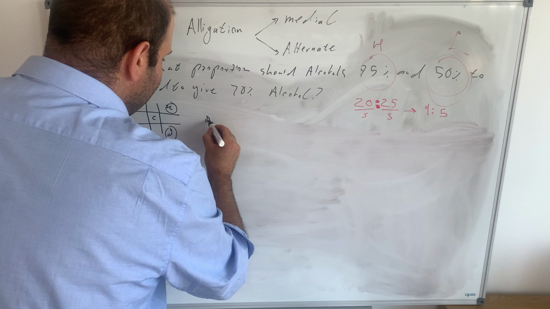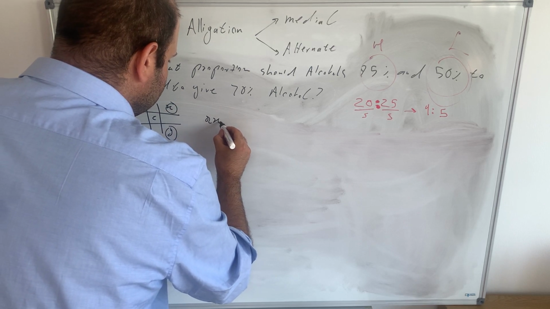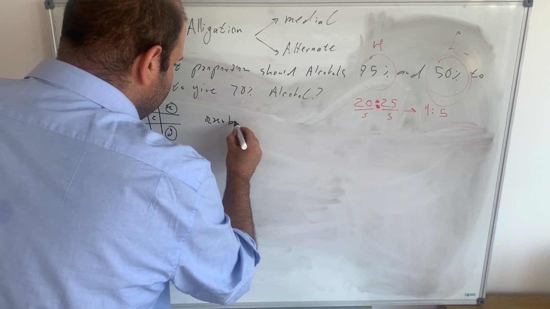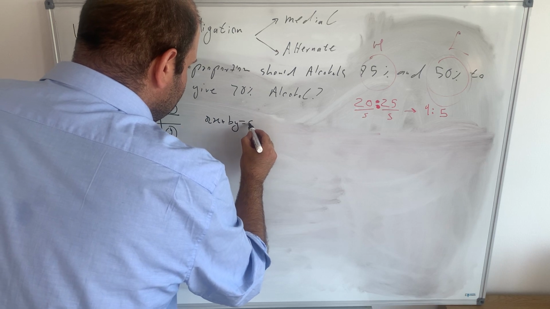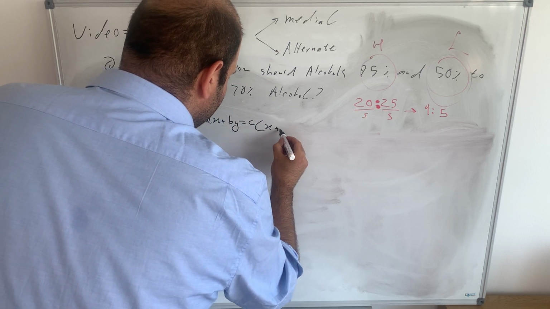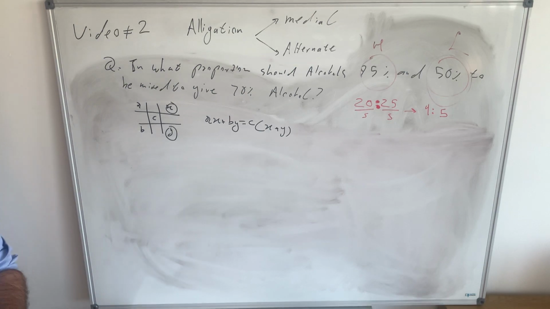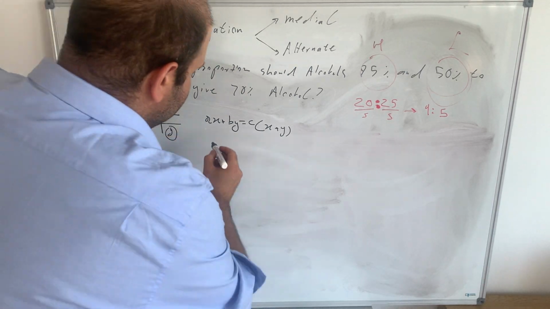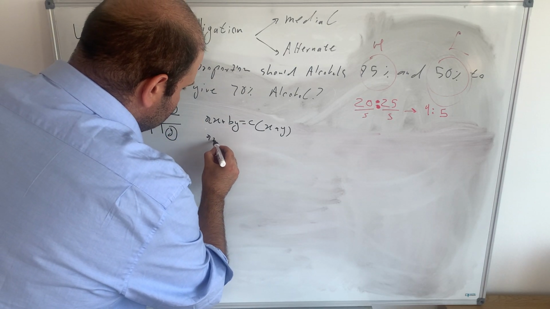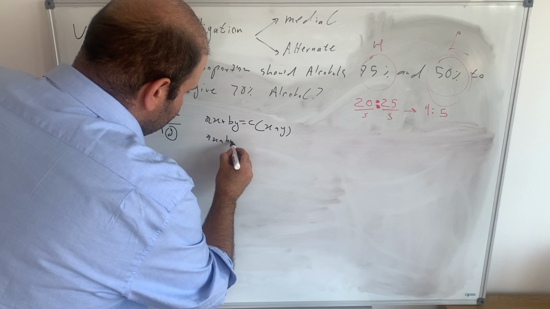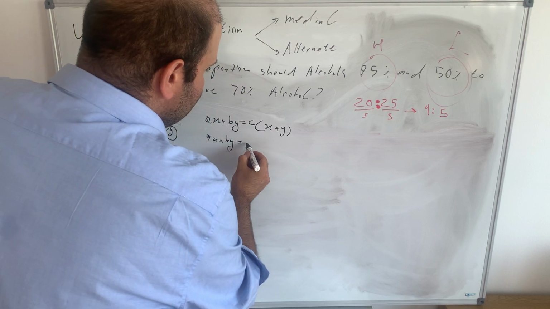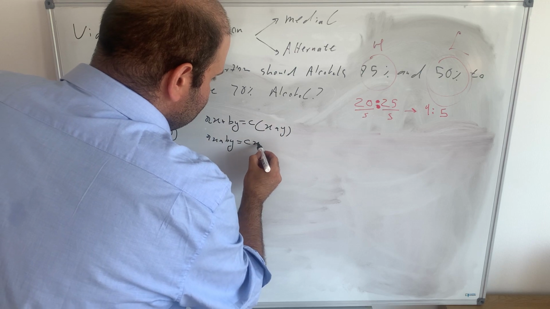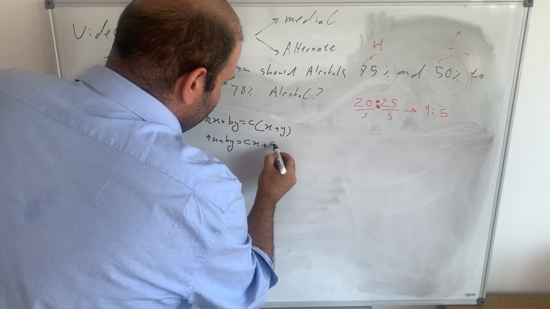So, AX plus BY is equal to C multiplied by X plus Y. Okay? If you want to write it down, you can write it like this: AX plus BY is equal to C multiplied by X plus C multiplied by Y.